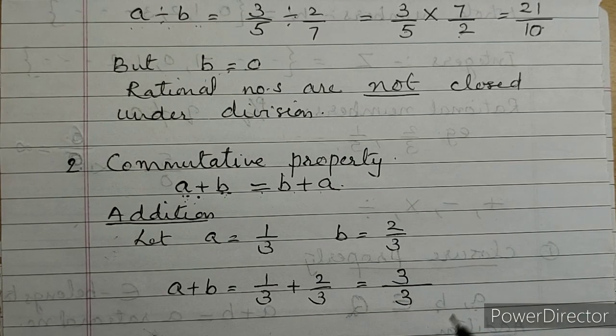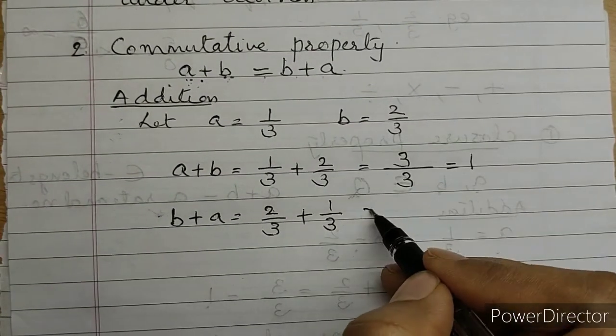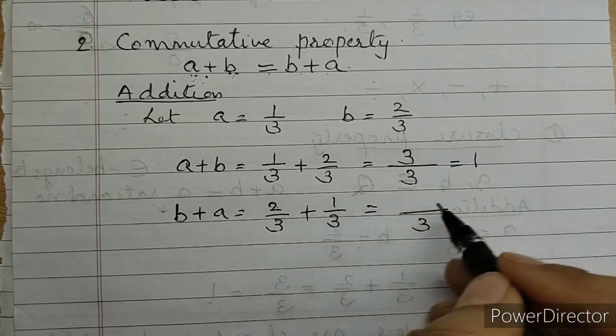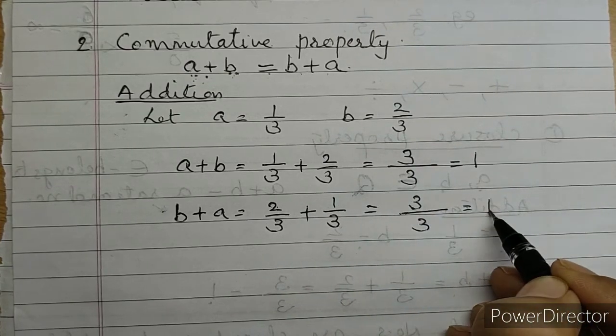So which is 3 by 3. You can write it as 1. And now we will check b plus a. So b is 2 by 3, interchange the positions, 2 by 3 plus 1 by 3 equals, again denominators are same, so add the numerators, that is 3 by 3, which is equal to 1.